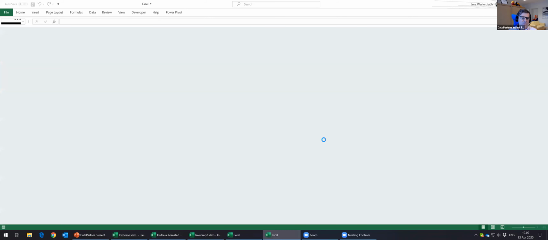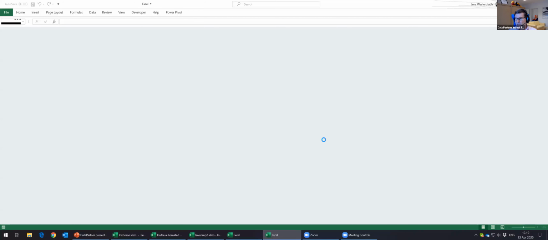So now when I press create, it will start comparing those two calculation files and creates a third new file with the difference.